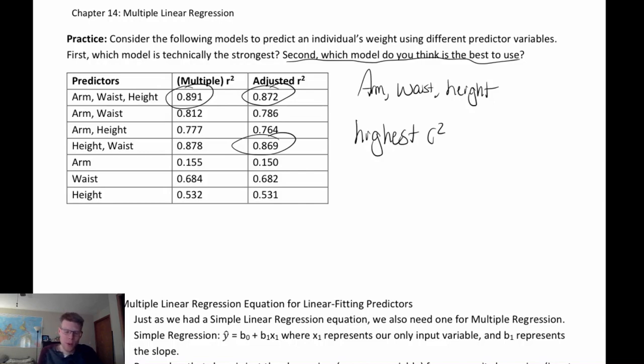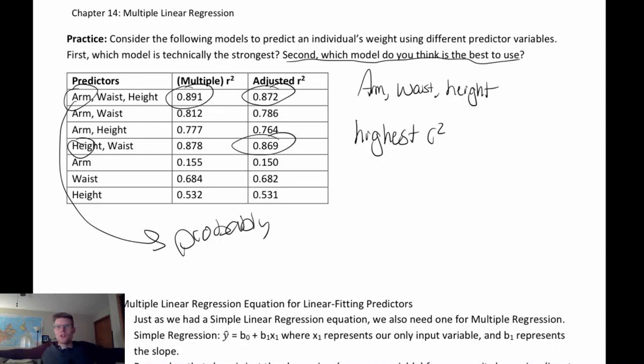And that's probably because arm and height, if it's just those individually, are very collinear predictors, I imagine. Because I don't know if you know this biologically, but your arm length should be very, very close to your height. They won't be exactly the same, but they'll probably be extremely close. And if we looked at a bunch of people and we look at those two things, they would be very highly correlated variables.